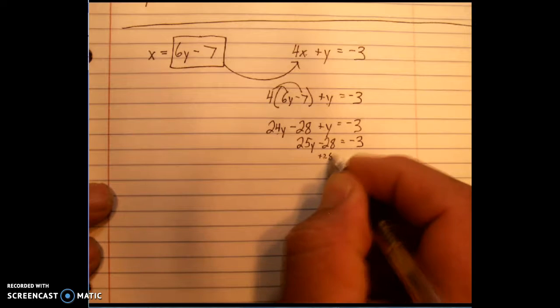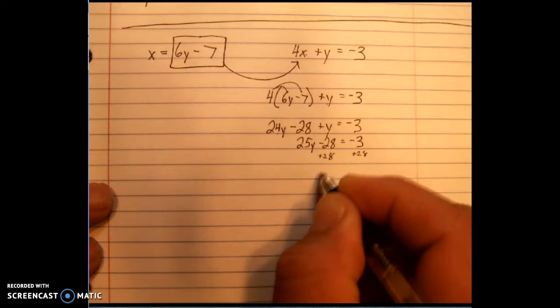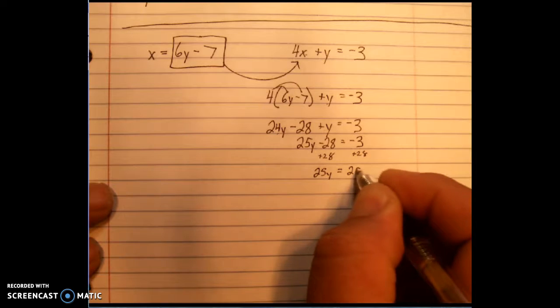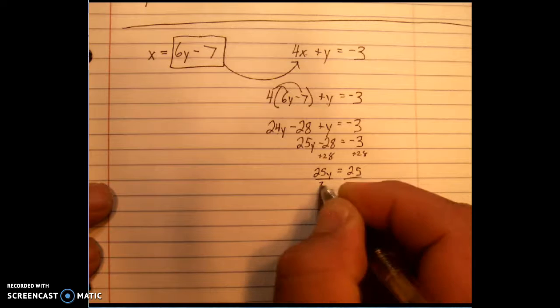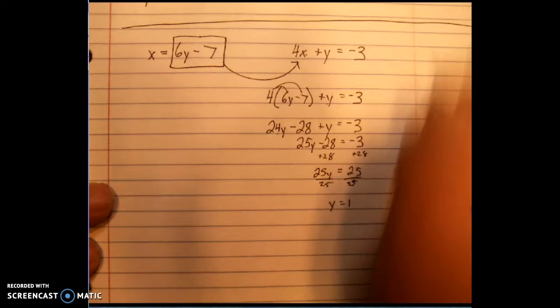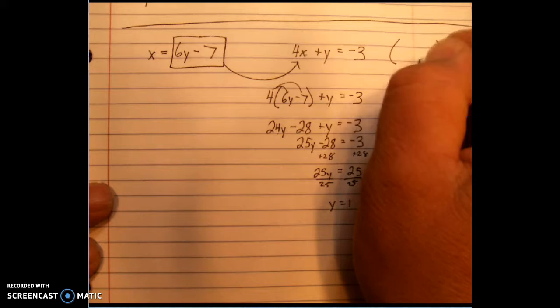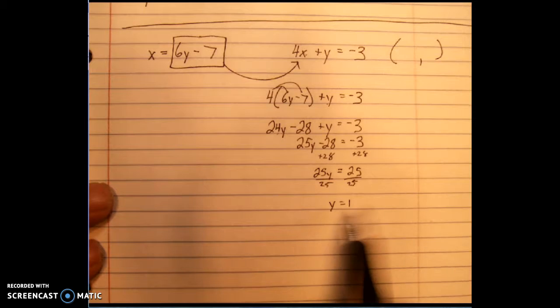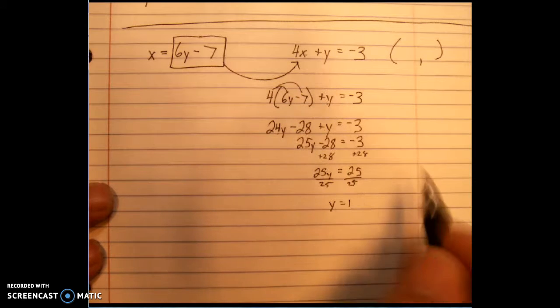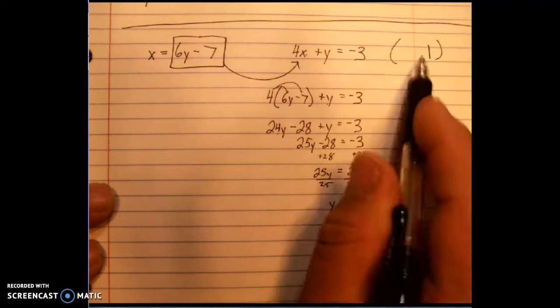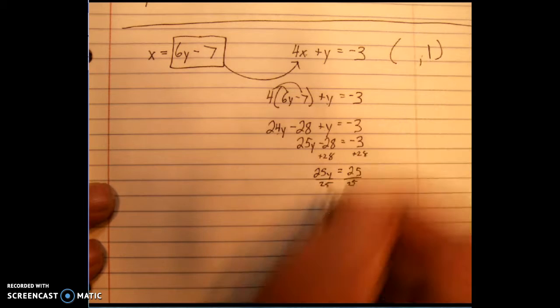Add 28 to both sides. 25y equals 25. Divide by 25, and you get y equals 1. So again, we just found part of our solution. We know that these two lines cross at the point when the y is 1. The y is 1 this time. How do I find the x?